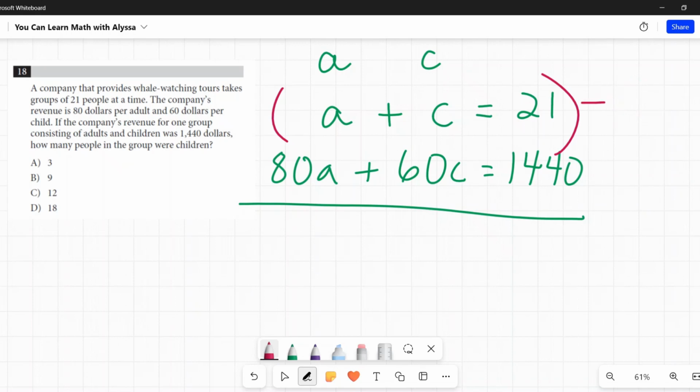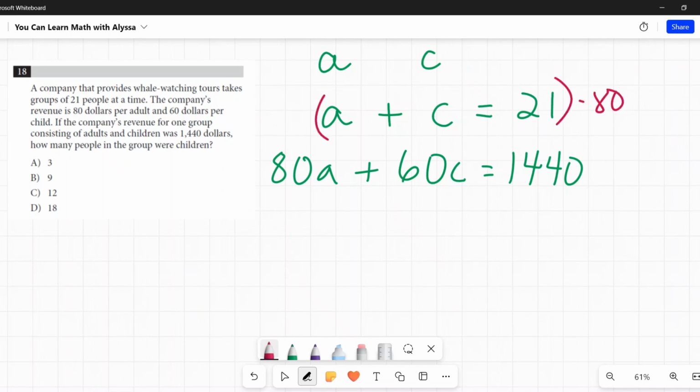Okay, so what happens when we do that? And I am going to write it down here, down below. So when I multiply all of this by a negative 80, I get negative 80 times A is negative 80A. Negative 80 times C is negative 80C.